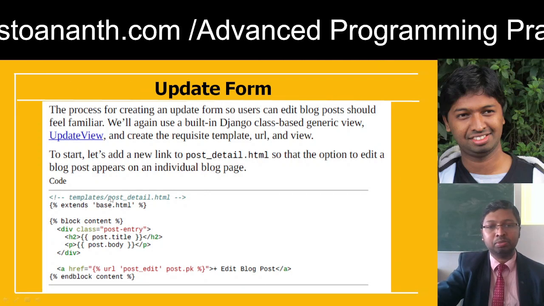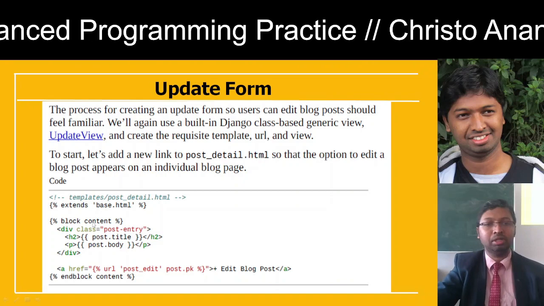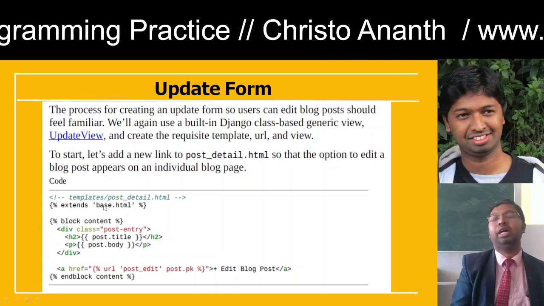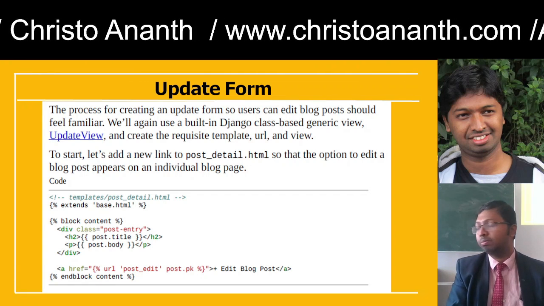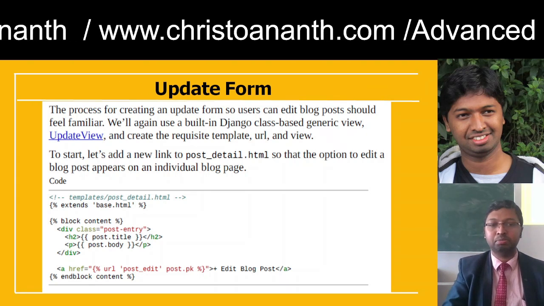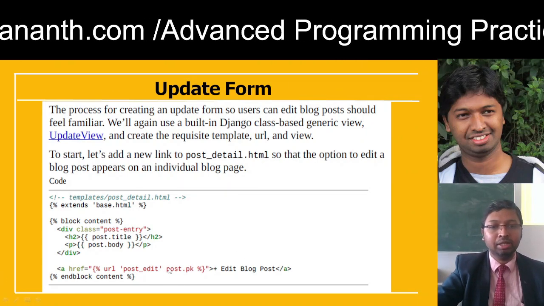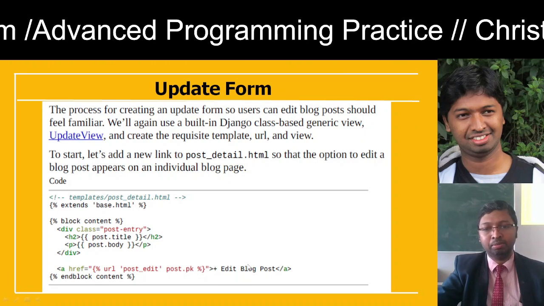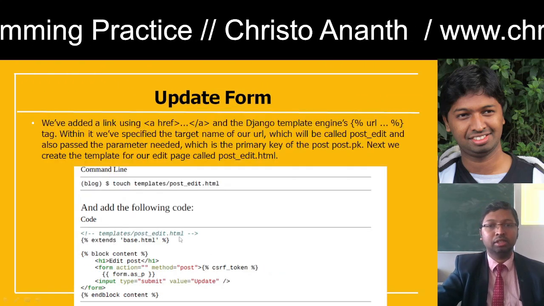So in templates/post_detail.html, you are going to extend base.html, and in the block content, you are going to have a div with class post-entry. In the h2 tag you are going to have post.title, and post.body. So you close the div, and here you are going to have the post.pk, with the link text Edit Blog Post, and then the endblock content.